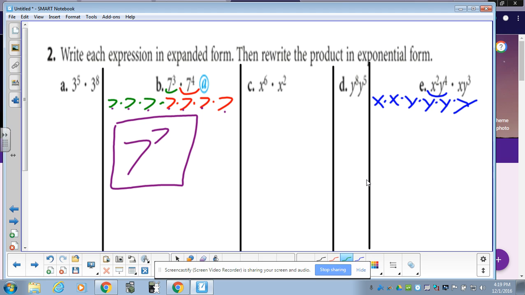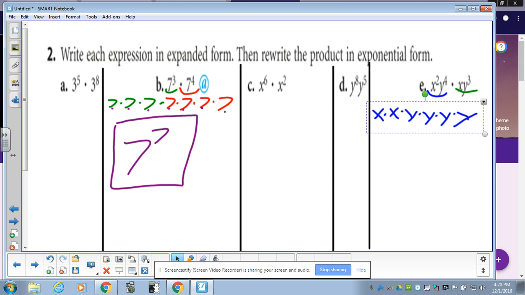And then we also want to expand this statement. This is going to be, make that a little smaller. Don't worry, you can zoom in at home. Times x times y times y times y.